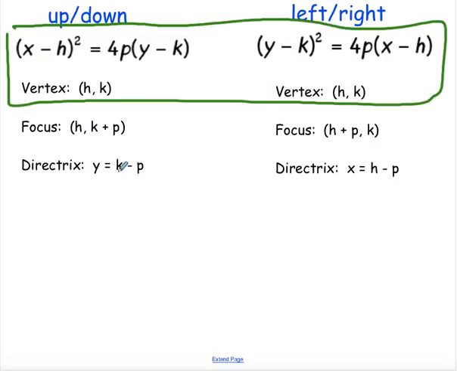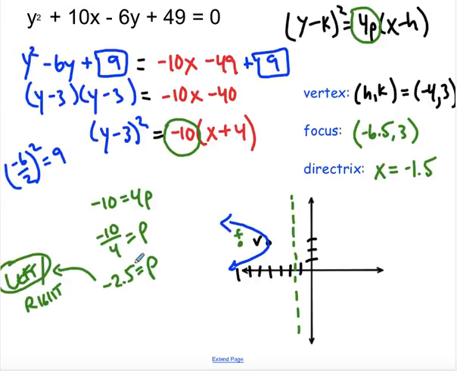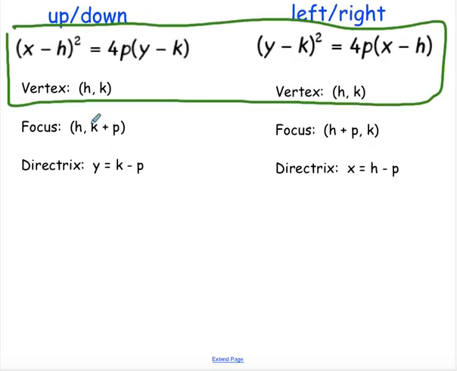If you want to use these formulas to find the focus and the directrix, you certainly can. I just don't ever use them because I'm always using p. So if I start from the vertex, I'm going to go p amount in to get the focus and p amount out to get the directrix. But you have these formulas if you want to use them.